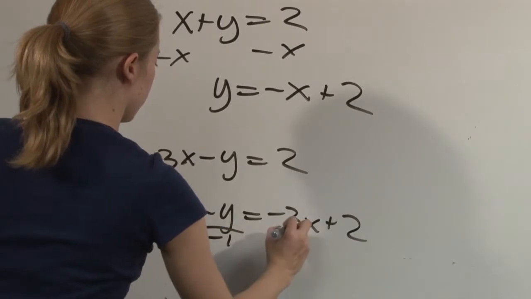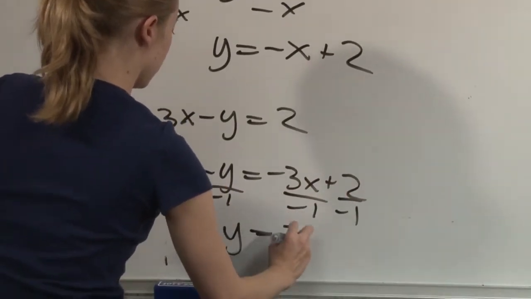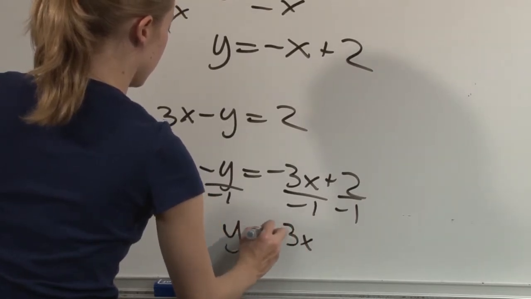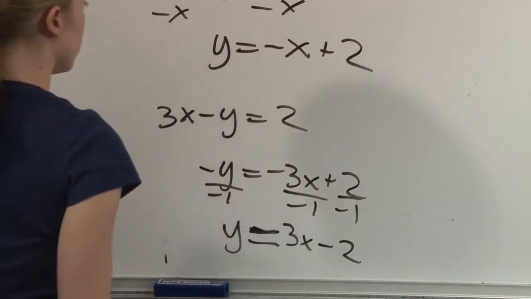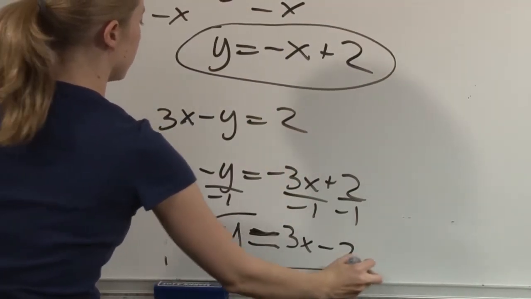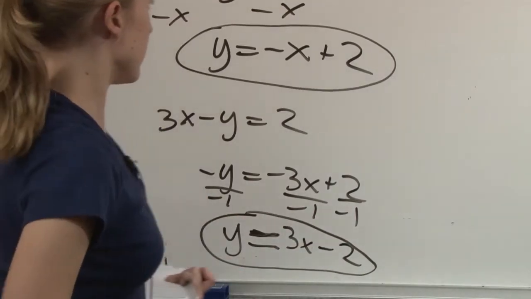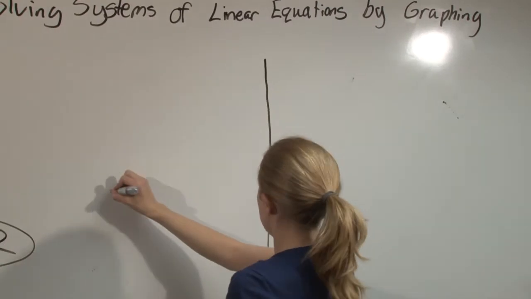I'll divide by -1 on this one. So the two lines I'm working with are actually y equals -x plus 2 and y equals 3x minus 2. So I'm going to come over here and graph those.